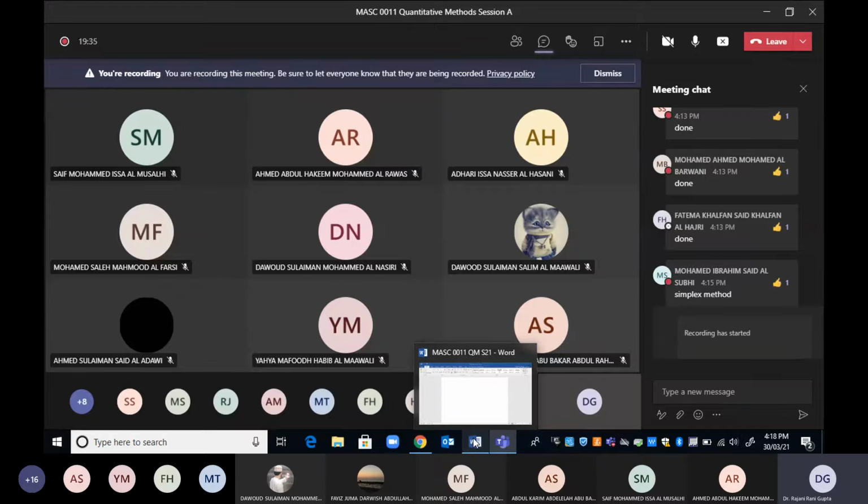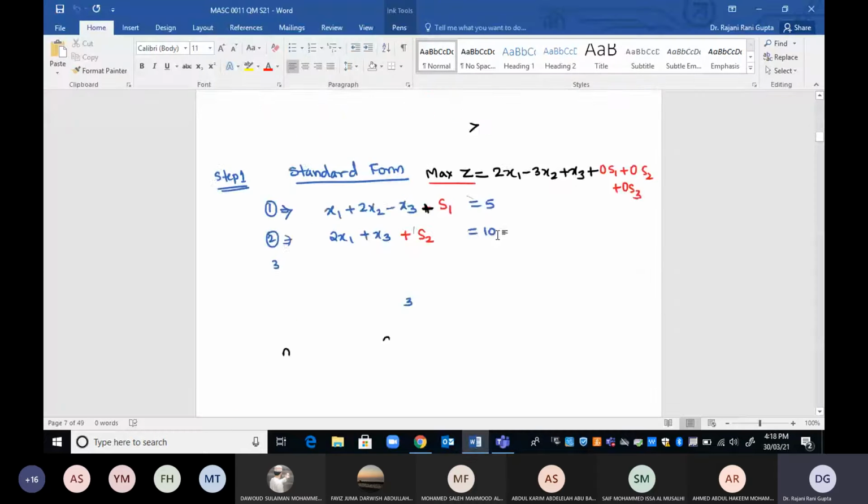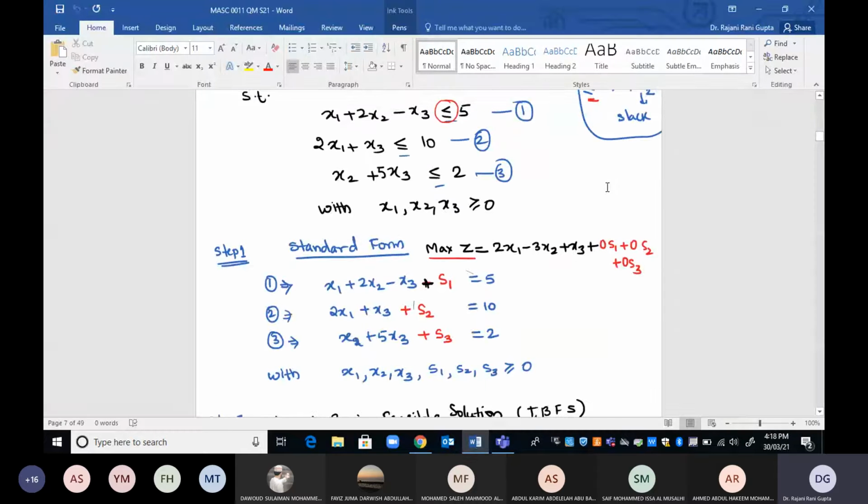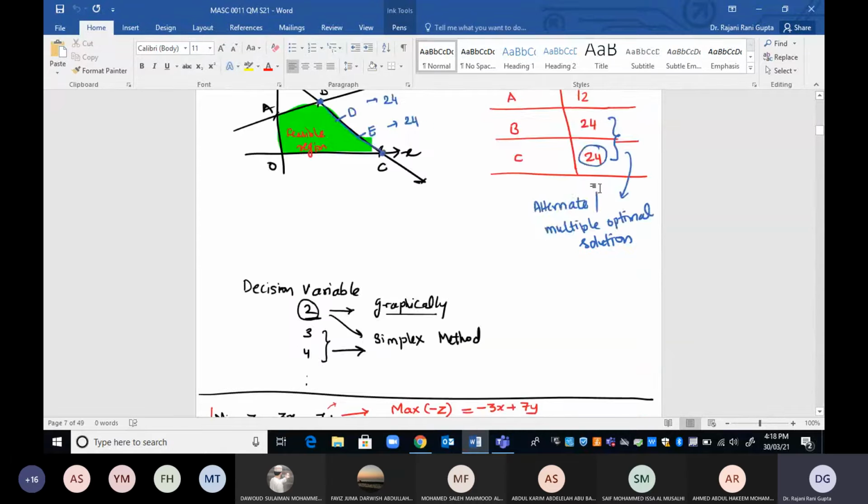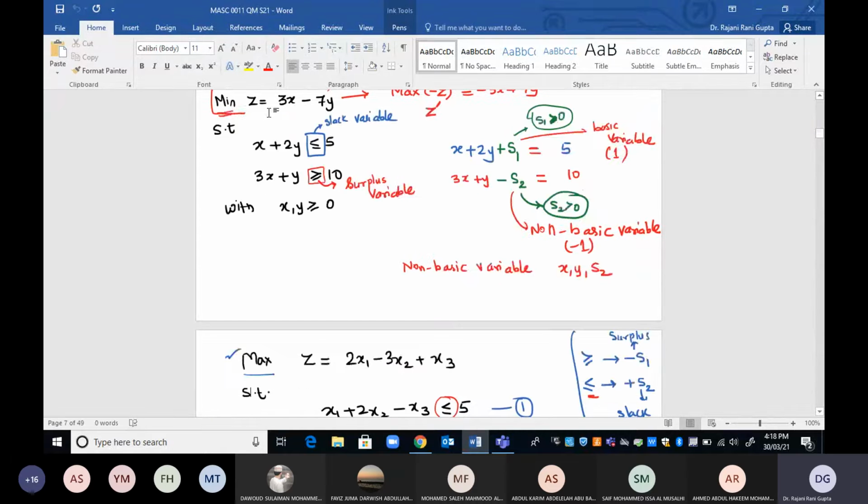As we have seen last time, where we converted an LPP into standard form, this was the example that we had done. Minimize 3x minus 7y, x plus 2y less than or equal to 5, 3x minus y, 3x plus 5 greater than or equal to 10.